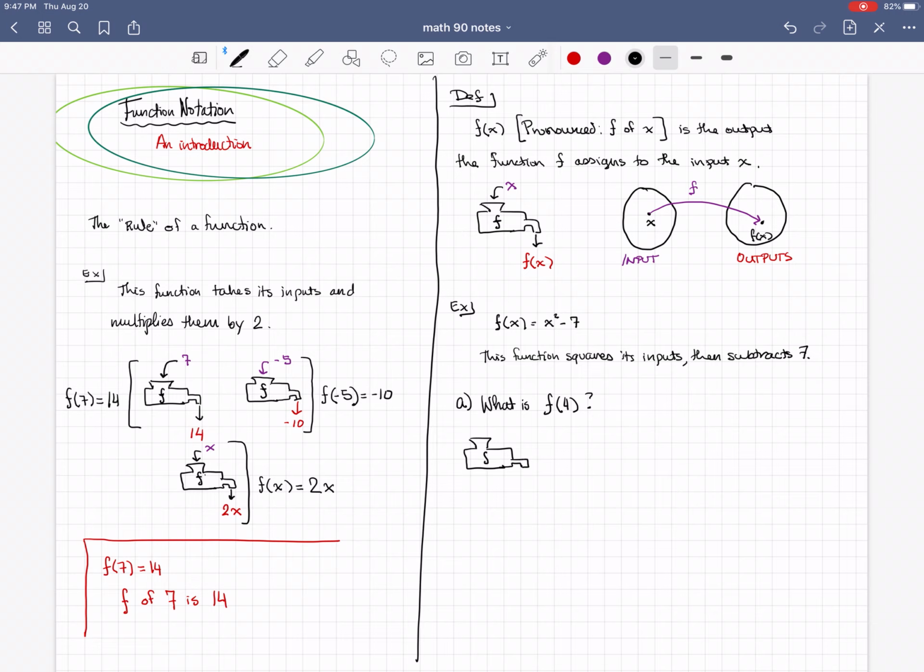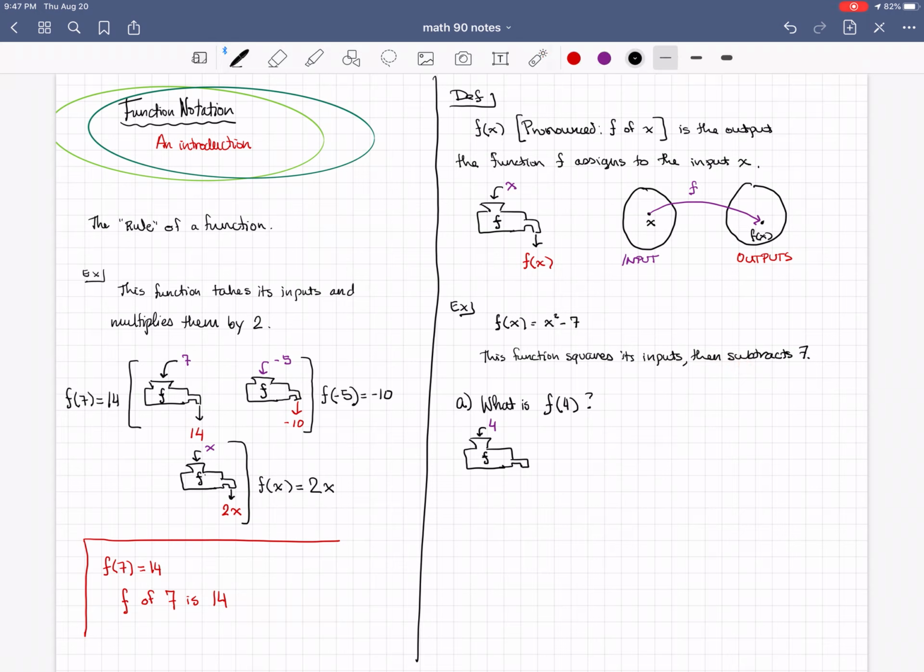So we have our function f, and we're dropping in the input. So here, the input is 4. I've been making my inputs purple, so let's do that. And what I'm asking you is what comes out? Well, in this example, f of x is x squared minus 7. So this function squares its inputs, then subtracts 7.